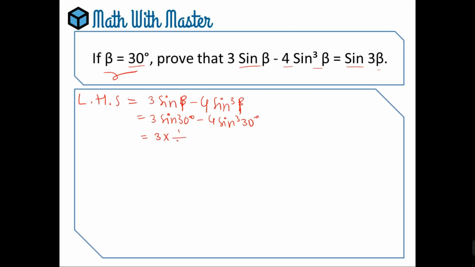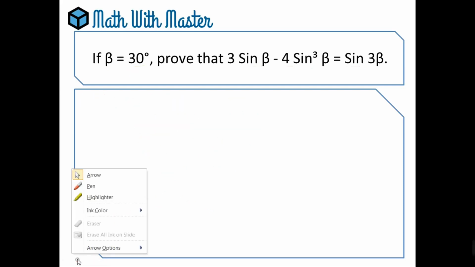Sine 30's value is 1 by 2, minus 4 into (1 by 2) whole cube, is equal to 3 by 2 minus 4 into 1 by 8, is equal to 3 by 2 minus 1 by 2, is equal to 2 by 2, is equal to 1. So we have solved the left hand side. Now we will solve the right hand side.